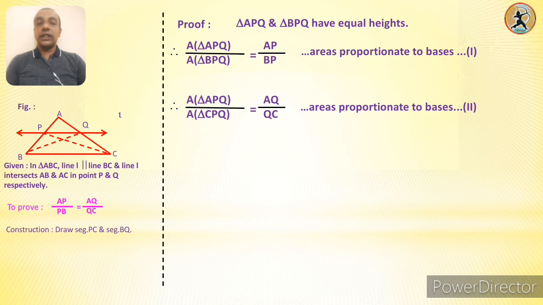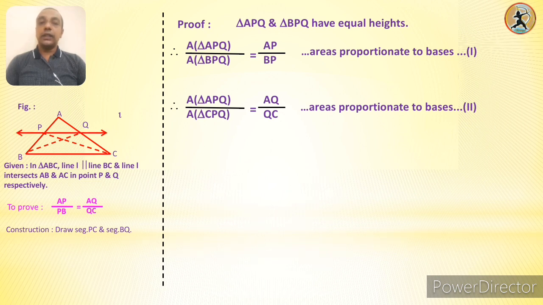So let us concentrate now again on the figure. Find out area of triangle BPQ and triangle CPQ. Triangle BPQ and triangle CPQ are on the equal base, that is PQ, and both the triangles lie in between two parallel lines, the line PQ and line BC.